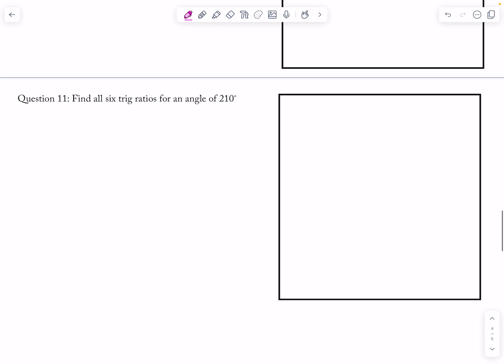Skipping 10, going to 11. So trig ratios of 210 degrees. So 210 degrees is in quadrant 3. My reference angle is 210 minus 180 degrees. So I get 30 degrees for my reference angle.